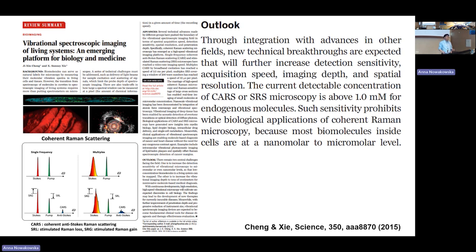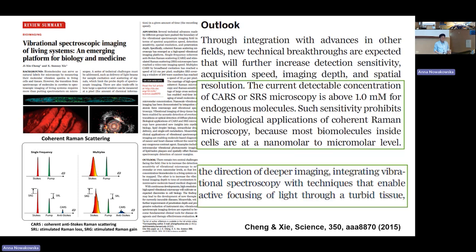Yet there are still limitations, as I commented in this review article 10 years ago. The CARS or SRS has a detection limit on the minimal level. So it's still insufficient to see molecules on the micromolar or nanomolar or single molecule level.